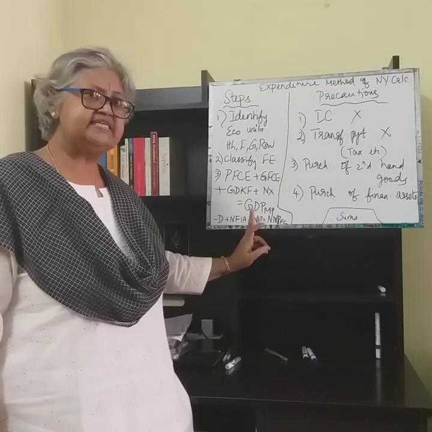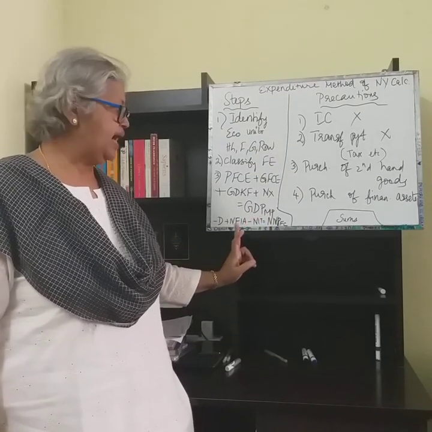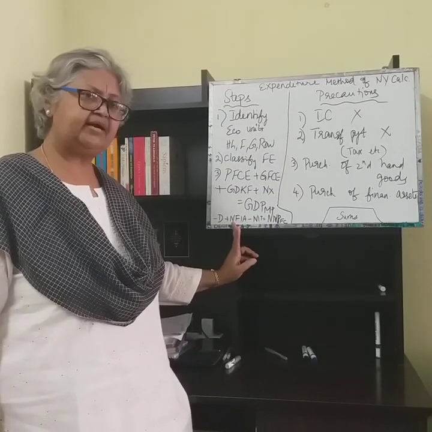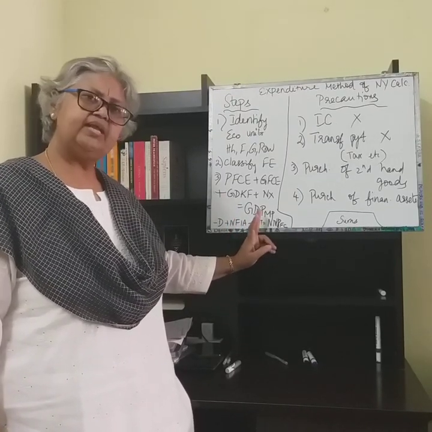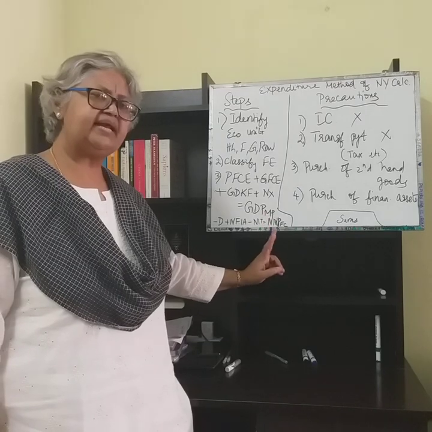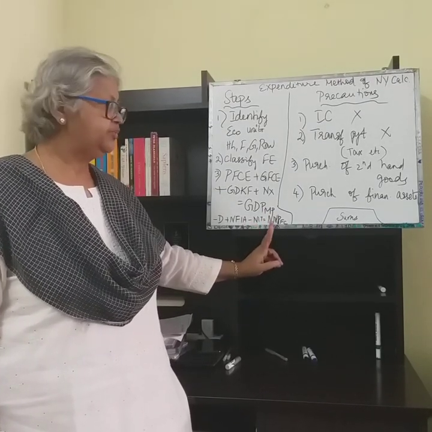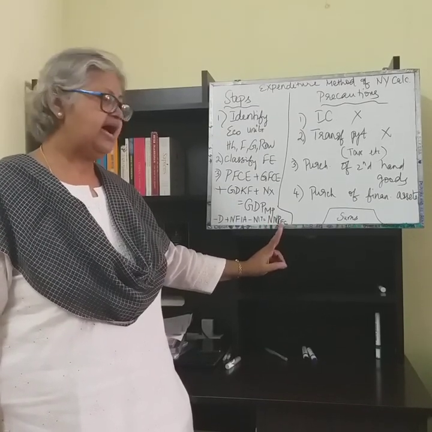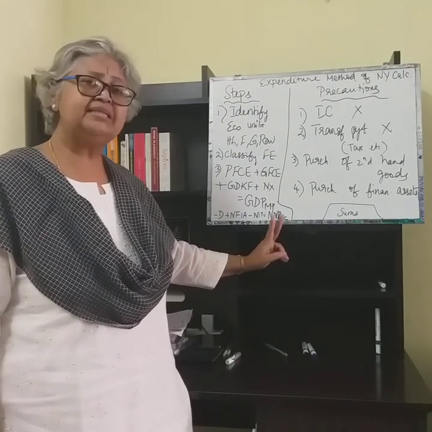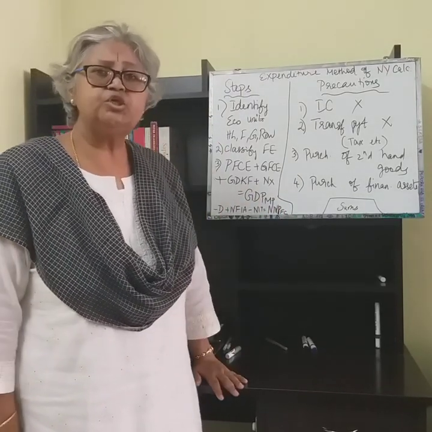From domestic concept to national concept, with the domestic income, you add NFIA, that is the net factor income from abroad. And since it is MP, from MP to arrive at FC, NIT has to be reduced. So this is how the net national product at factor cost, which is nothing but the national income, can be arrived at through the expenditure method.